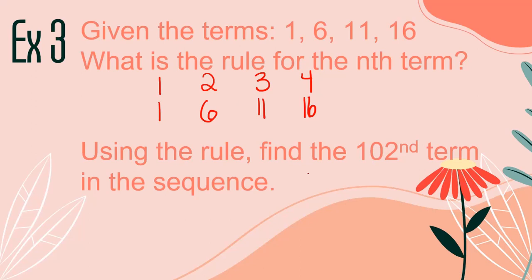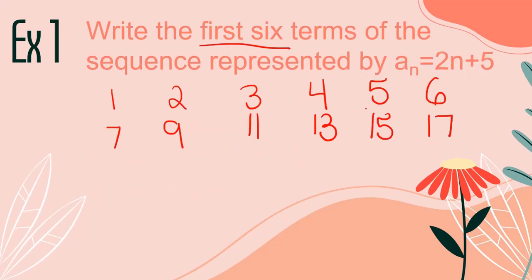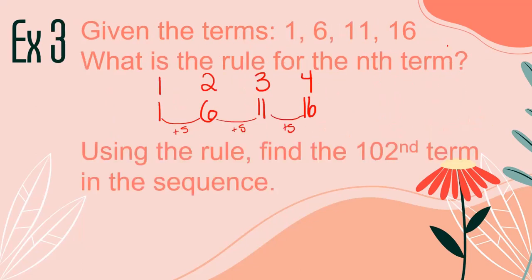Well, I did notice something. I'm noticing that I'm adding 5 each time, right? So kind of like when this one added 2 each time. Do you see how the 2 was a slope? Well, maybe my 5's my slope. So a sub n equals 5n.